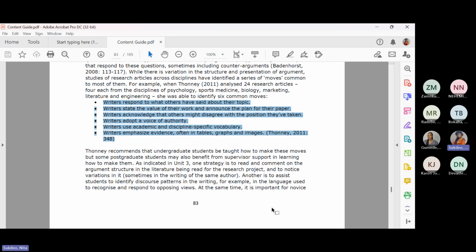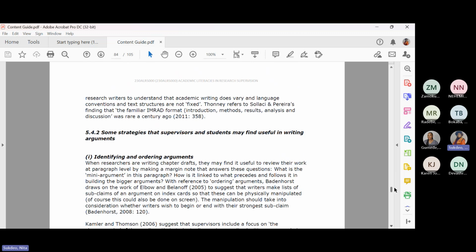Writers use academic and discipline-specific vocabulary. This is true in that we are all from various disciplines here, and the way in which we write and the vocabulary we use is completely different in our styles of writing.